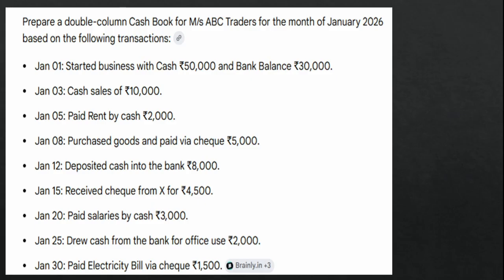And then next entry is January 12, deposited cash into the bank. What is the entry for this? Bank account debit to cash account. It is the contra entry. That means both the cash as well as the bank account are affected, so it is entered on both sides.